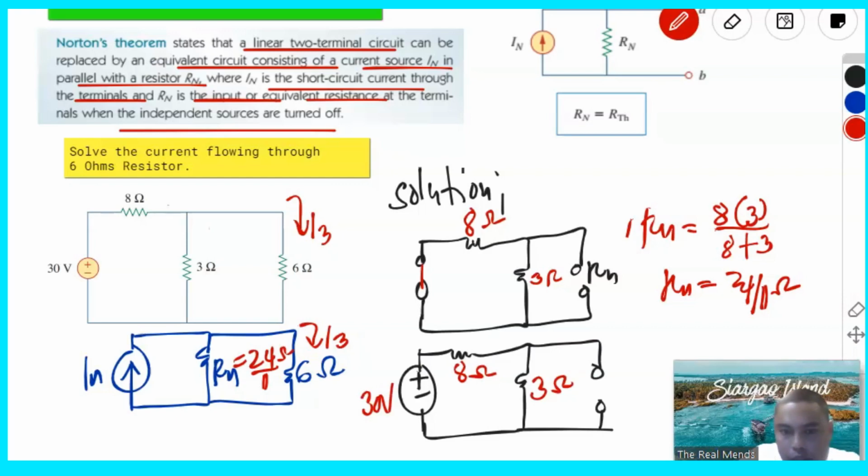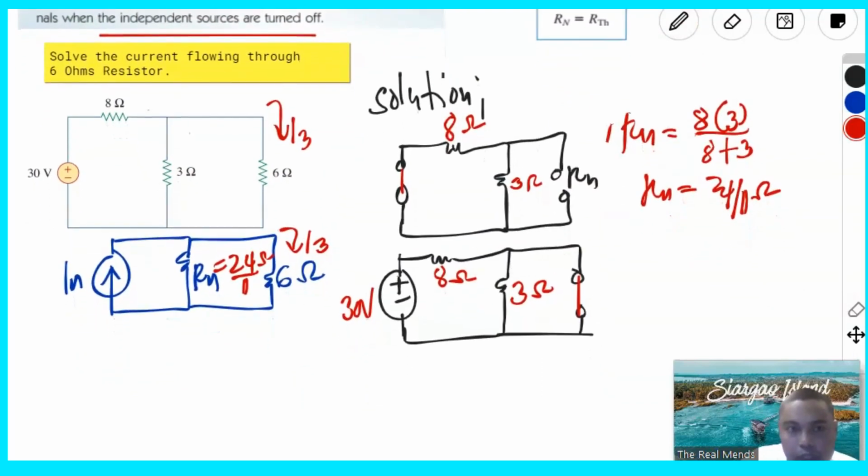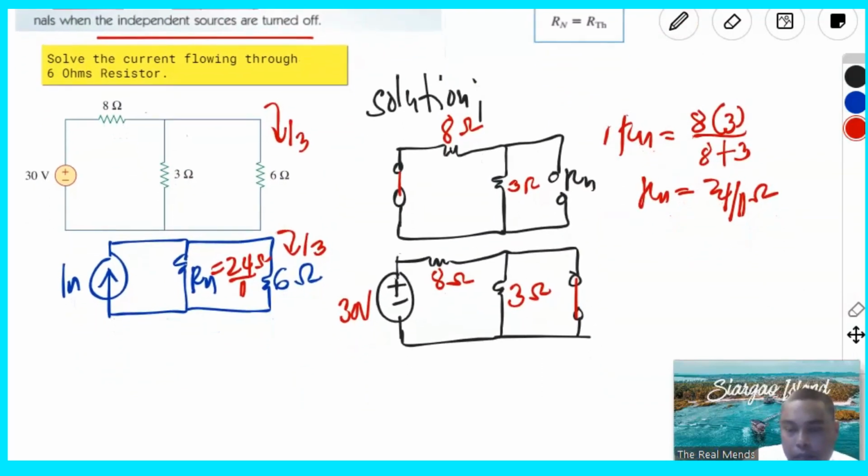Okay? Let's short this junction, the terminals of the 6 ohms resistor. So if we short that, there's a high current flowing through the 3 ohms.